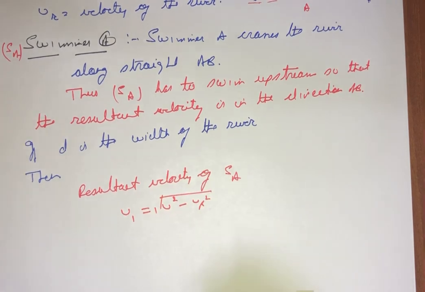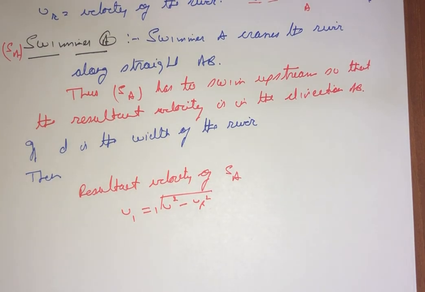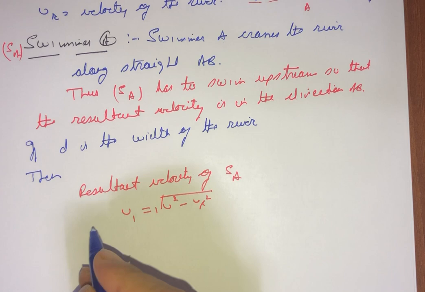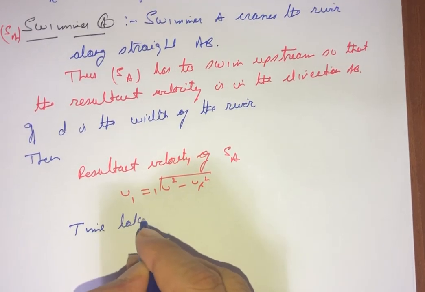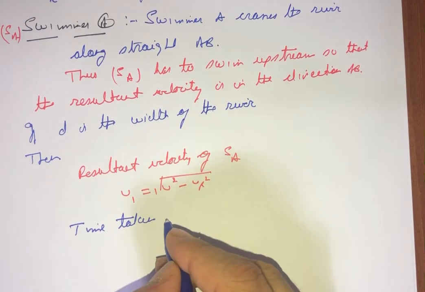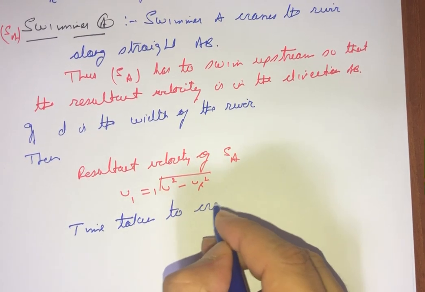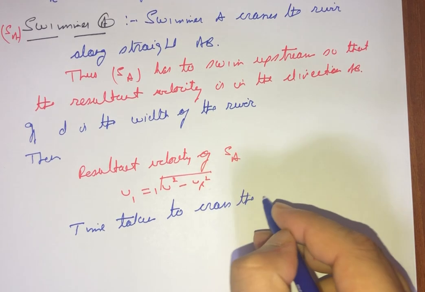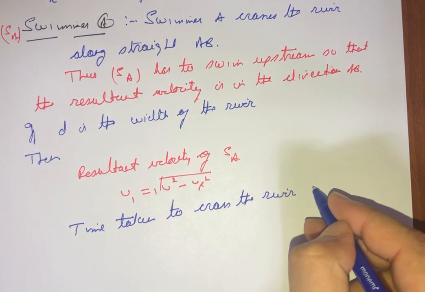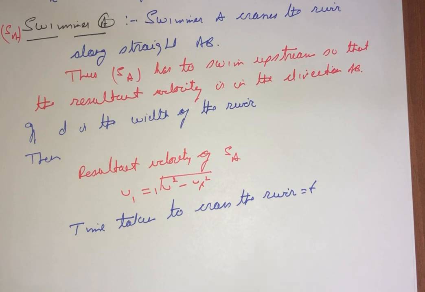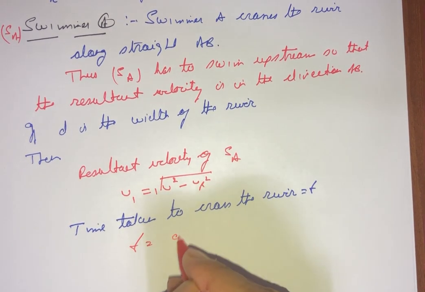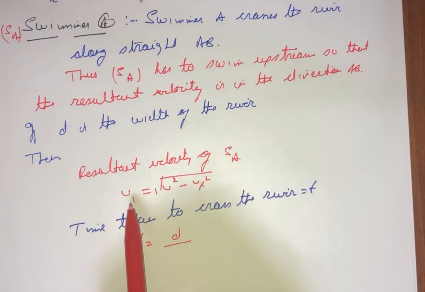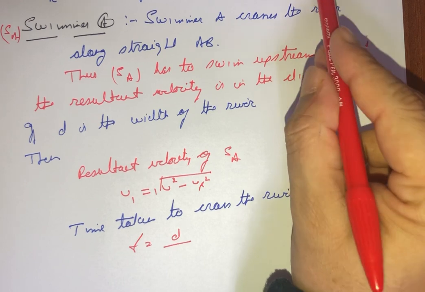Okay, and the time taken to cross the river, let us suppose it is given as t, so t can be written as d divided by v1, because only the v1 component is used for crossing the river.